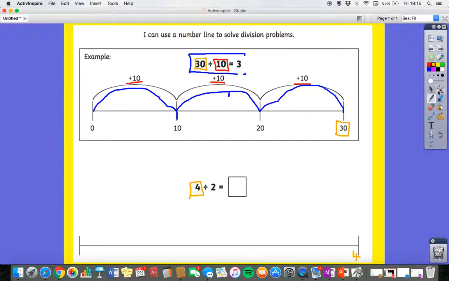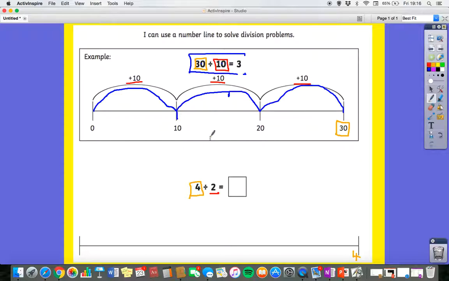I'm going to go into groups of 2. I'm going to jump in 2s, and I'm going to see where I end up, and I'll write that in blue. I'm going to do all the rest of my working in blue. The reason I've done orange is because we know that's the starting number at the front here. We want to divide that number by the numbers in the red, so that's groups of.